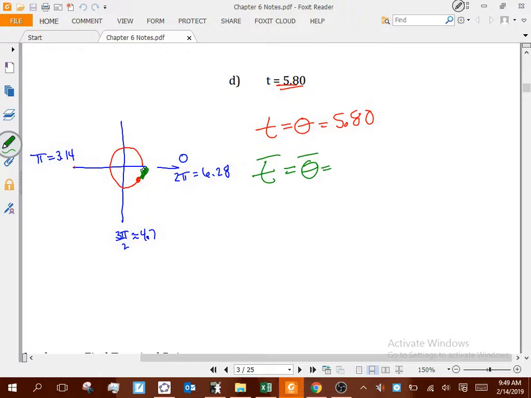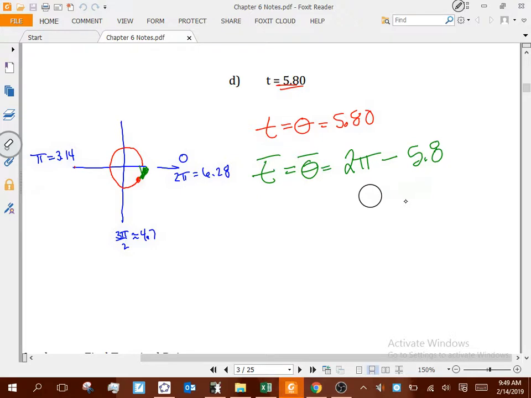Say it again. Are you saying this, or are you saying that? First one. Okay. So we want that first. We're going to take 2 pi, which is our total, subtract from it 5.8, and doesn't that then give me that little green distance? Okay. So there's my reference number.